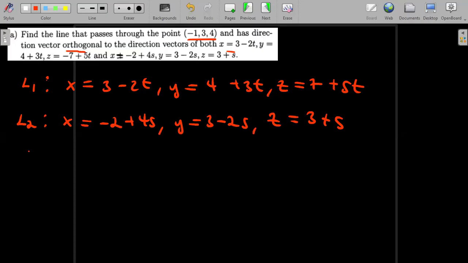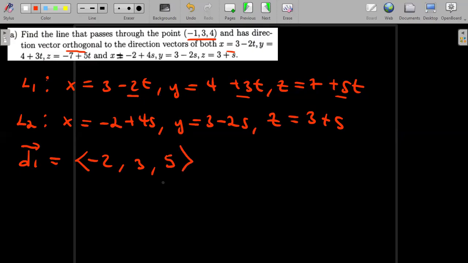I'll say D1 represents the direction vector of the first line. The numbers just before t are the components of the direction vector. So I have -2, 3, and 5.